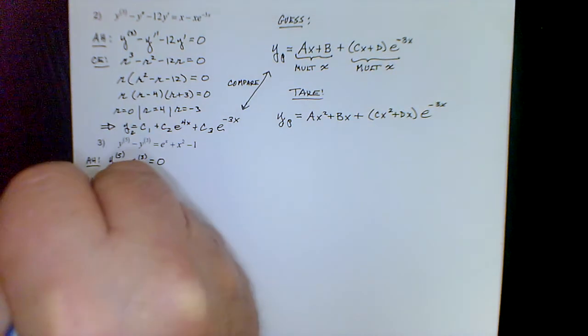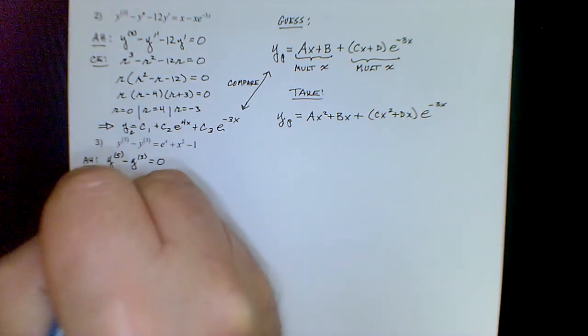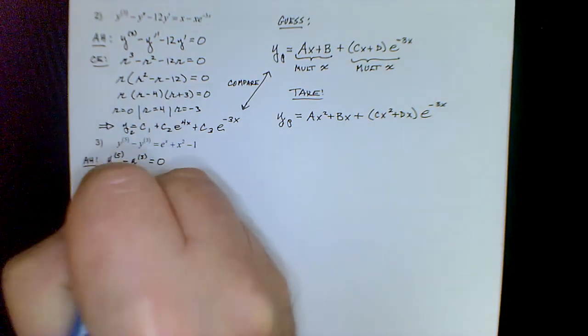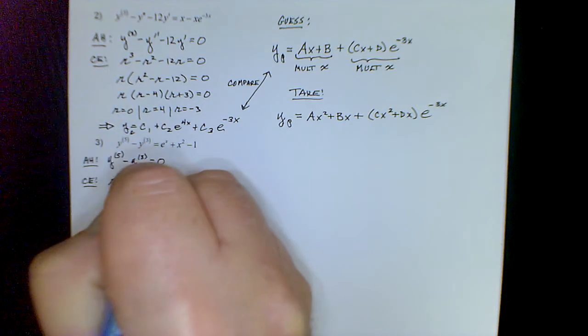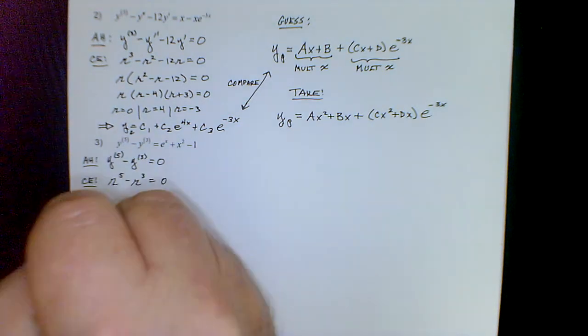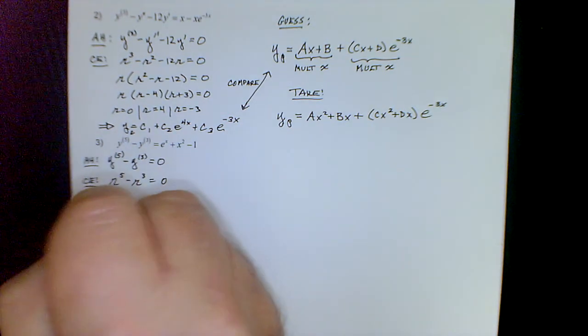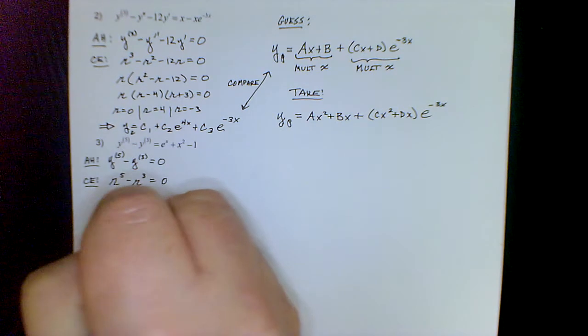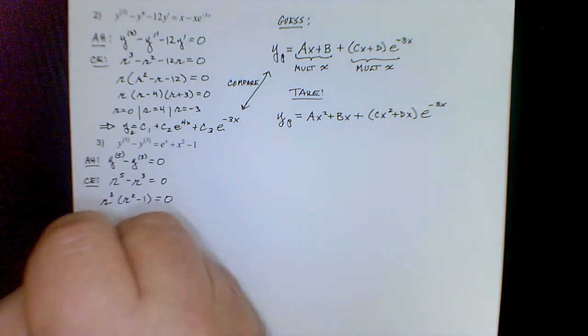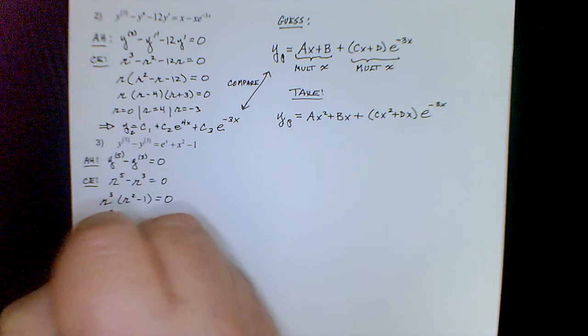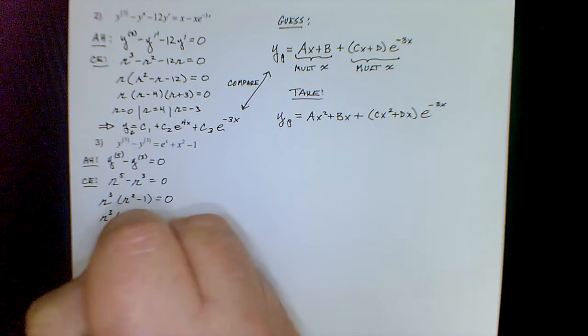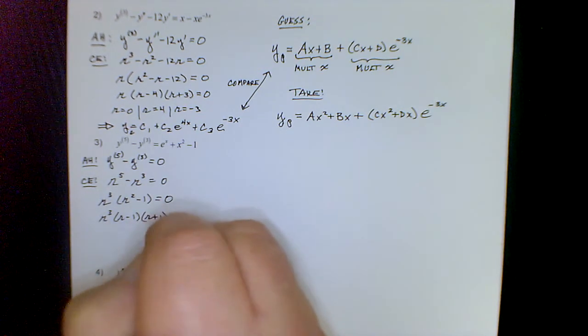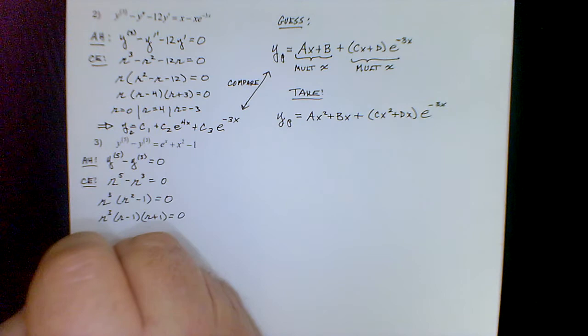You can, as I've mentioned before, jump right to the characteristic equation if you like. So r to the 5th minus r cubed is 0. Factor out an r cubed. Left with r squared minus 1 is 0. You could actually factor this as r minus 1, r plus 1. Or if you wanted to isolate the r squared, that's fine as well.